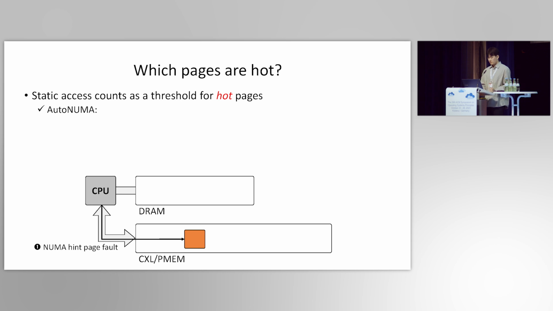So if the CPU accesses the scanned page, a NUMA hint page fault occurs, and AutoNUMA tries to migrate faulted pages to DRAM if there is some free space. In other words, AutoNUMA only considers page recency, and the hotness threshold of AutoNUMA is just 1 in this case.